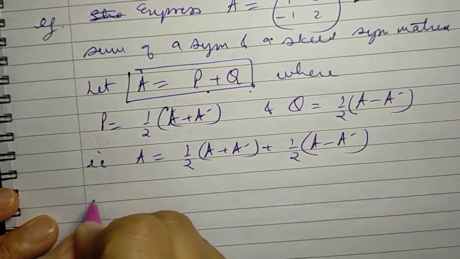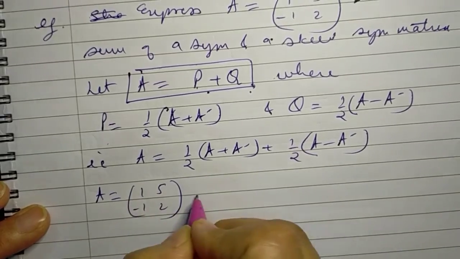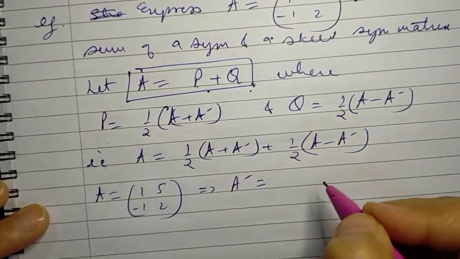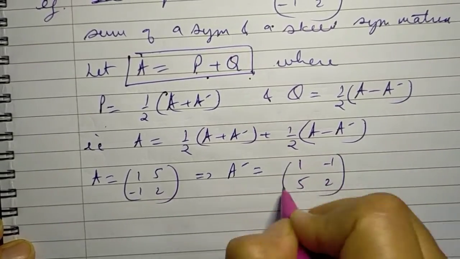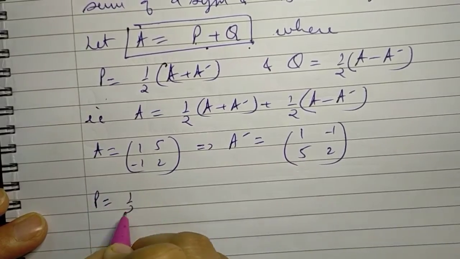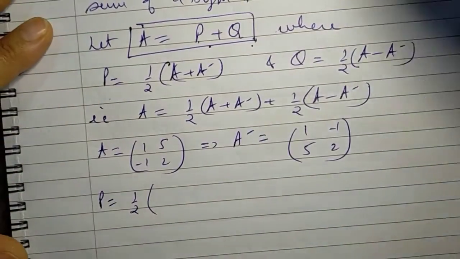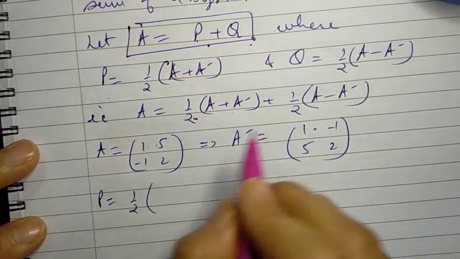First of all, given A is 1 5 minus 1 2, clearly A transpose will be 1 minus 1 5 2. Now P is half of A plus A transpose, so we just add these two.